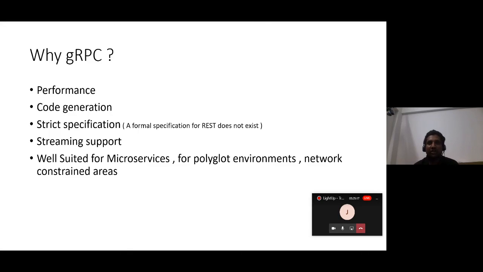For polyglot environments, whenever two different languages are involved there are always issues, so gRPC with protobuf can be helpful in that case. For inter-service communication in microservices, we can use gRPC.